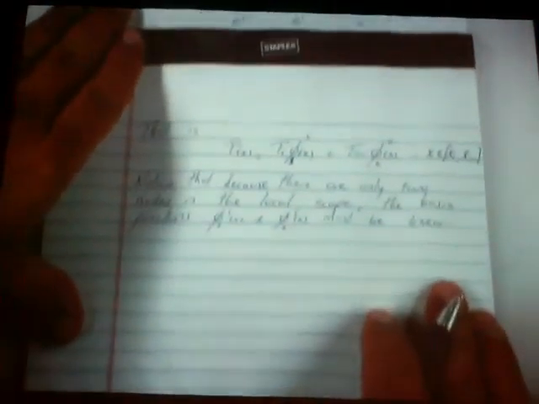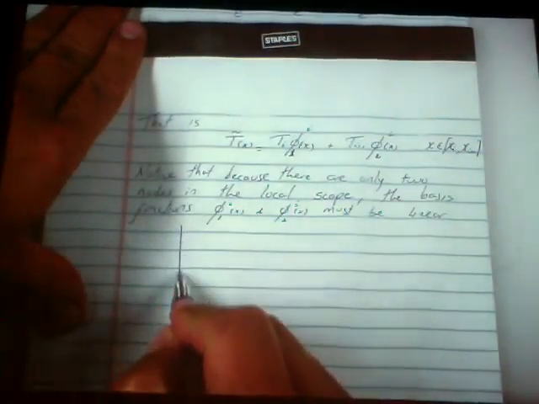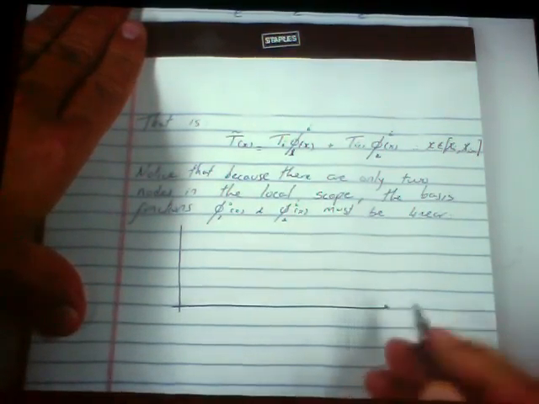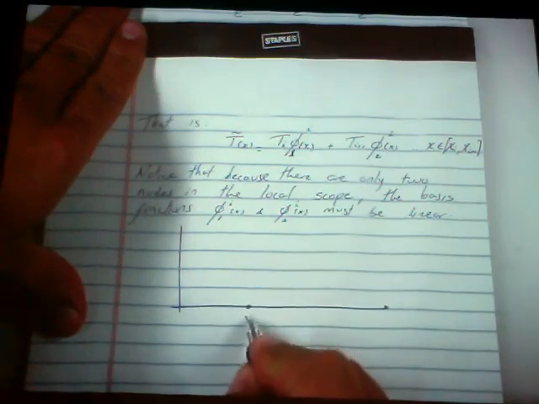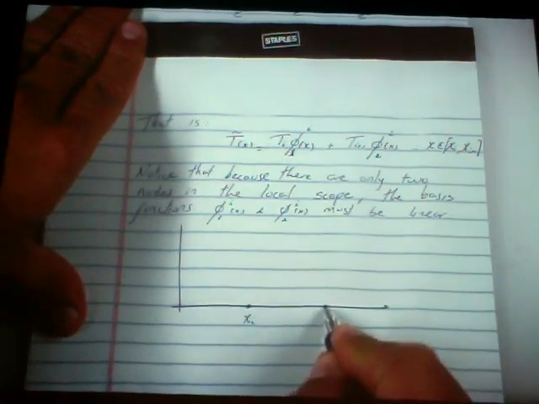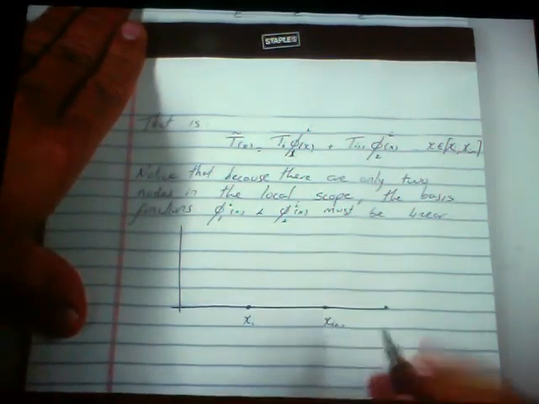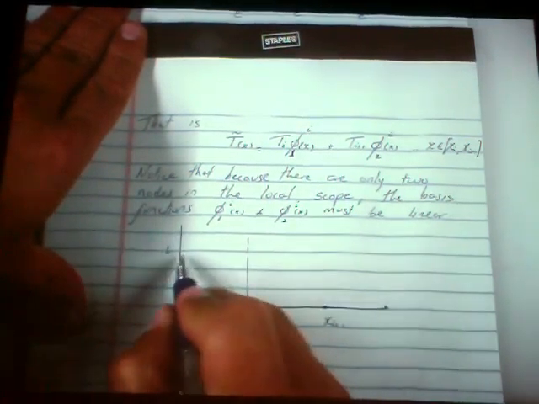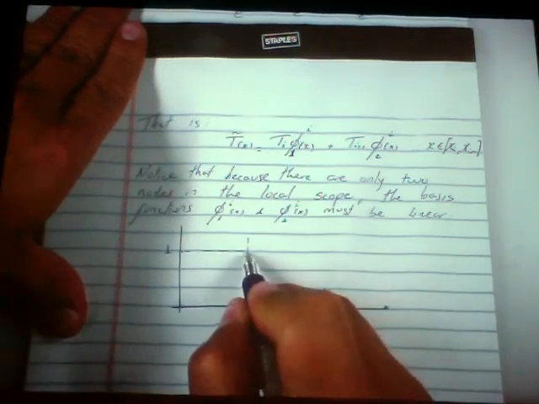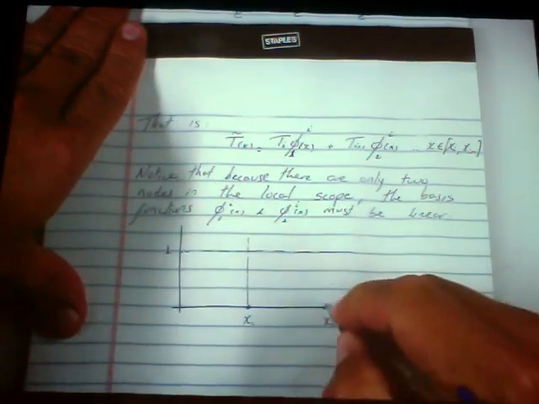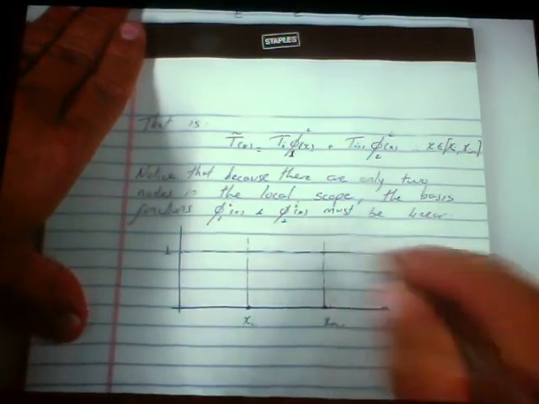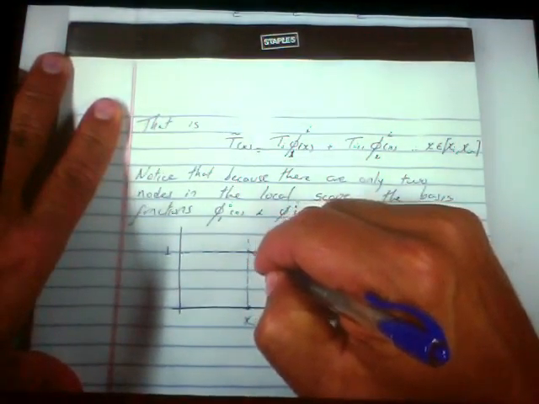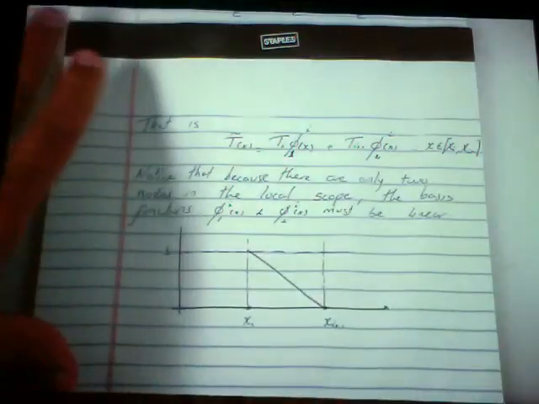So if we plot these functions, and let's say again this is xi, this is xi plus 1, this is 1. The first function has to look like this.